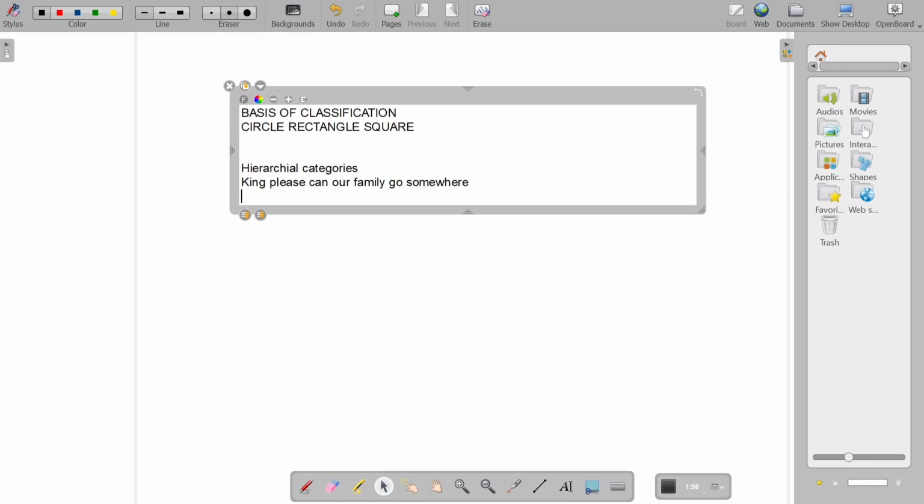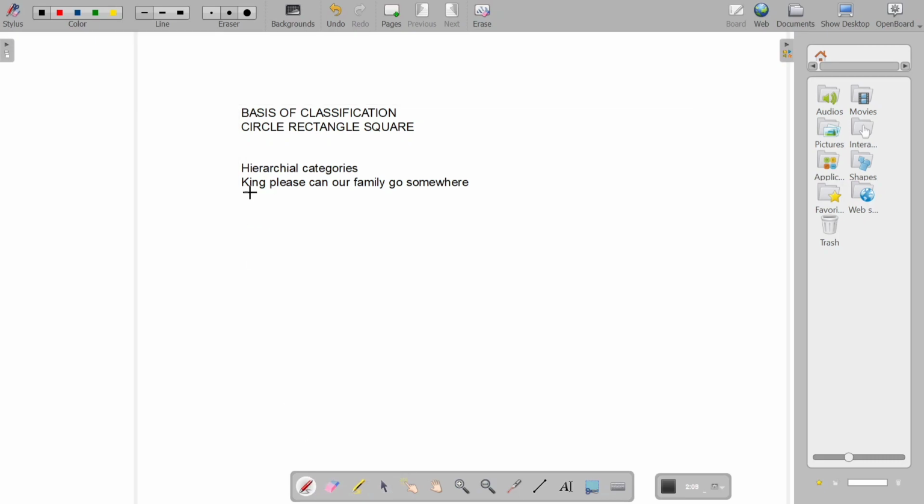This sentence represents the 7 categories. To recognize them easily, this is the shortcut for identifying the categories. So K, P, all first letters we need to note: C, O, F, G, S.